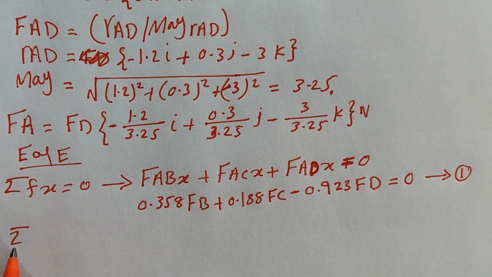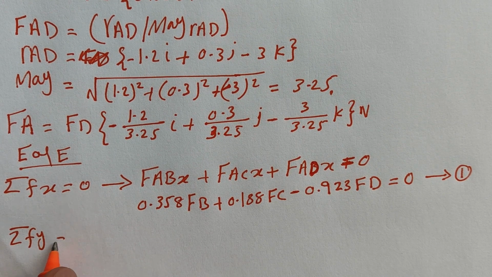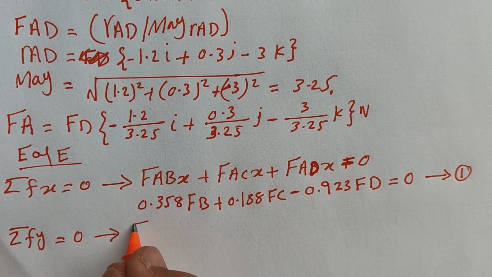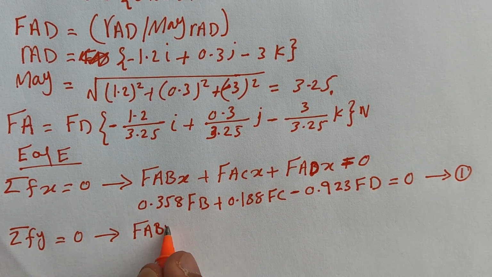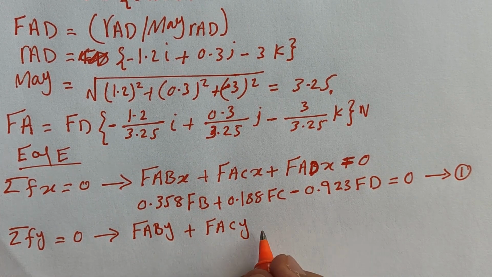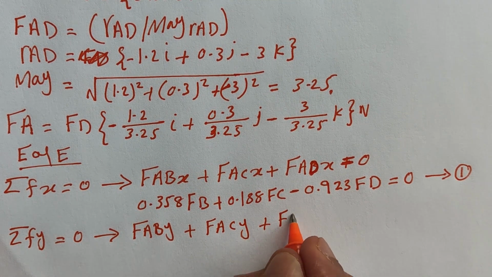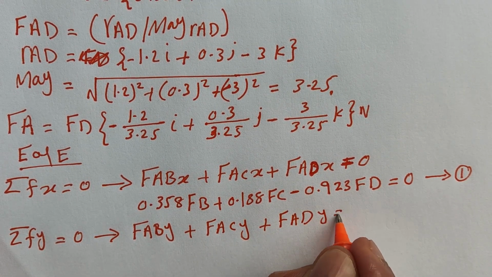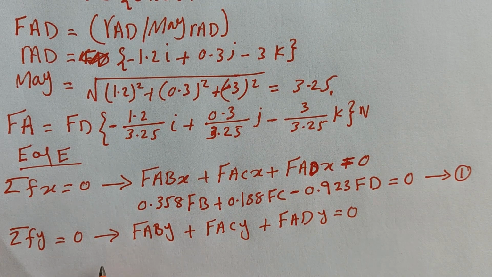Then we take the sum of the forces on the y-axis, again should equal 0. From here we know that FAB on the y-axis plus FAC on the y-axis plus FAD on the y-axis, all of them should equal 0. Plug in all of these numbers.